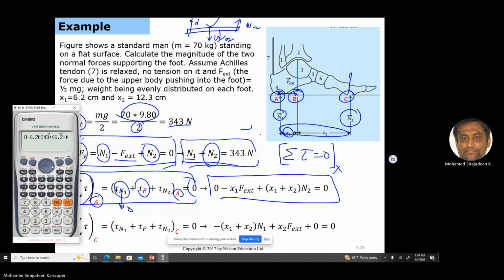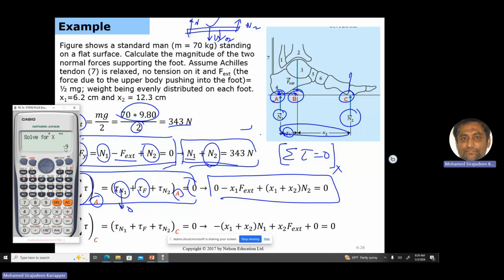Okay, plus 6.2. Yeah, I know what I did wrong. I skipped a step. I don't press the equal button. I have to do shift calc.